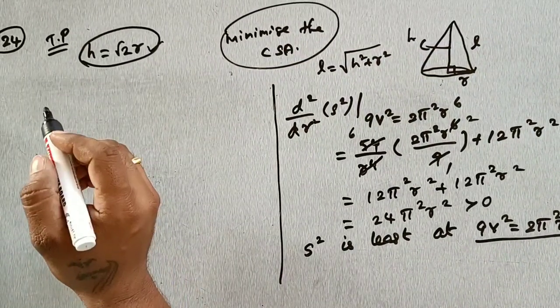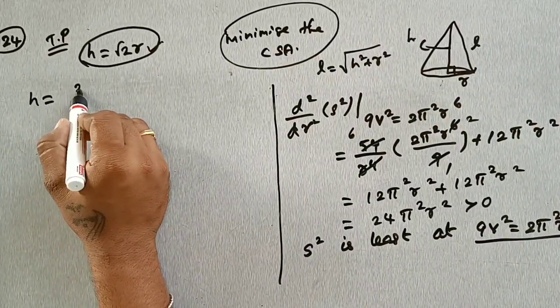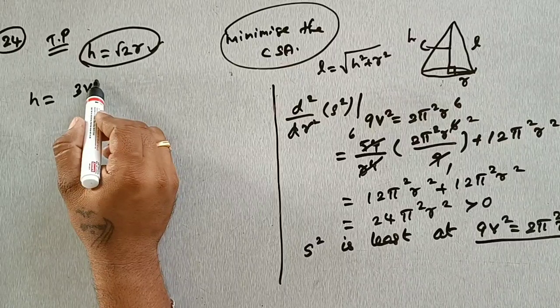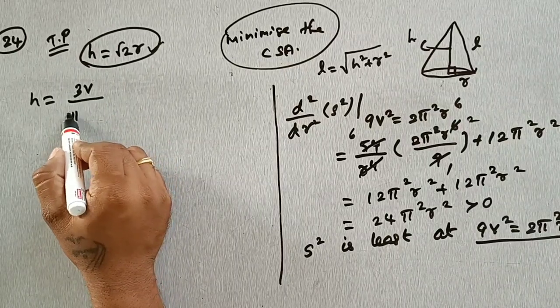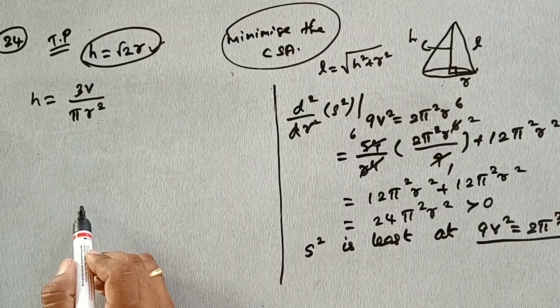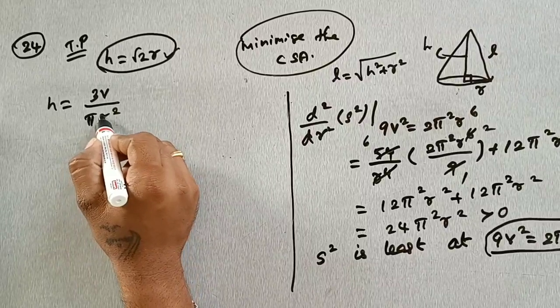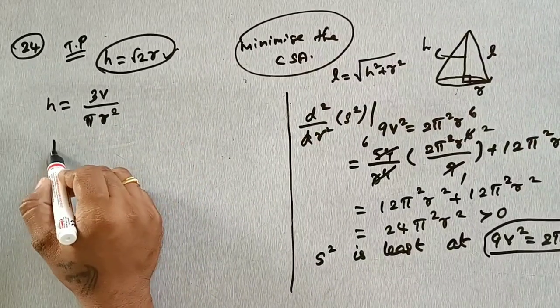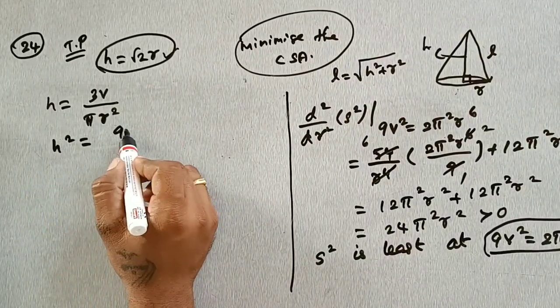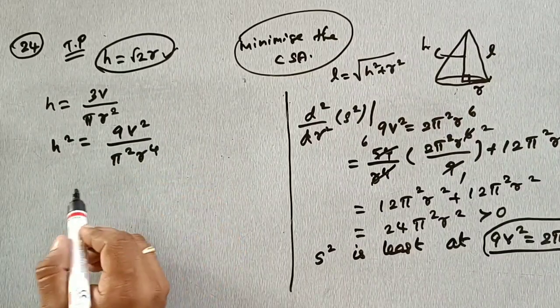So what is the h value? Already we got h equal to 3v divided by pi into r square. Squaring this, h square equals 9v square divided by pi square into r power 4.